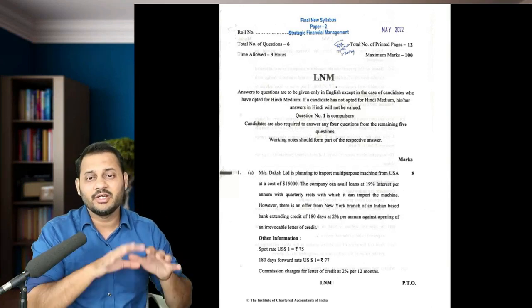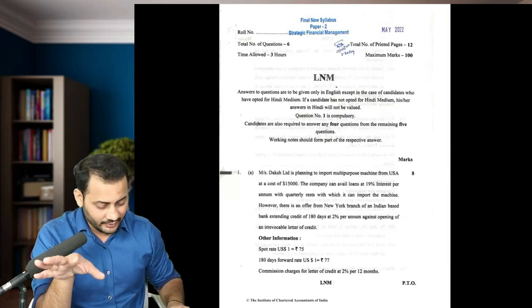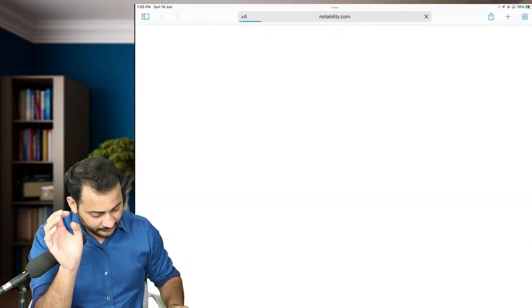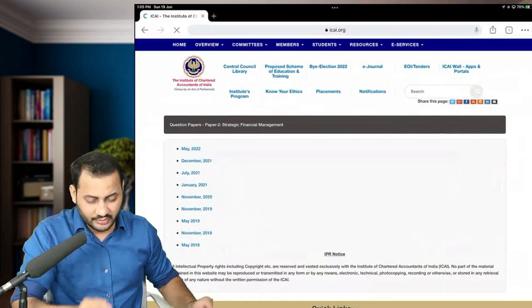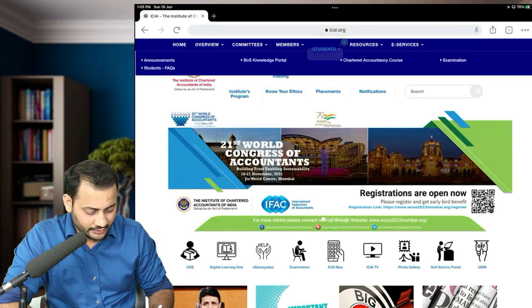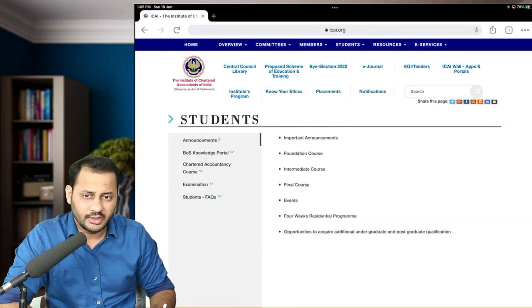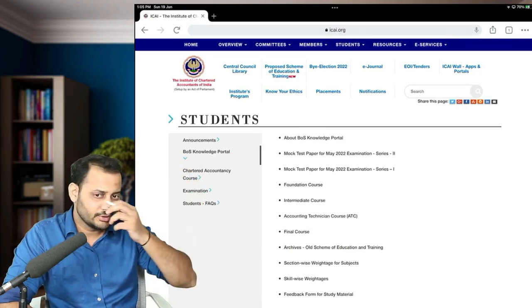Now this is the May 2022 paper, the latest paper that I have right now, and I have downloaded it from the institute's website. I will just show you where you can go to download the latest paper. Once you go to the institute's website, there is a section for students, and in students there is another section called Board of Studies Knowledge Portal.